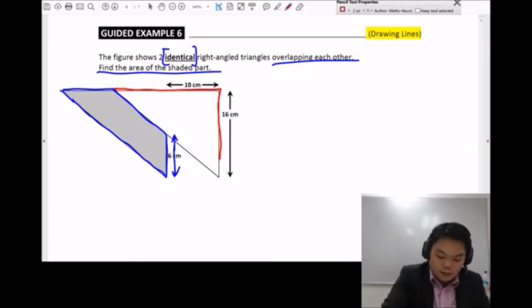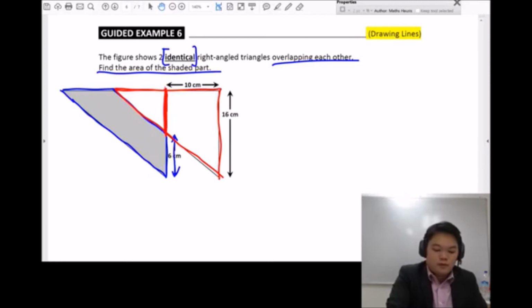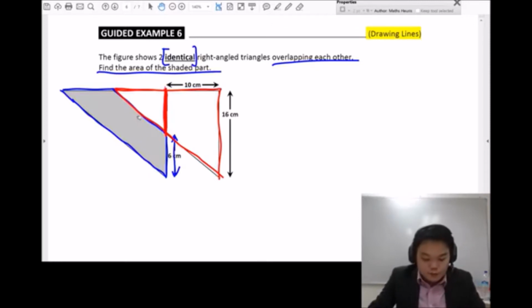So the way to approach this is to see that because both of them are identical, this triangle underneath it will be somewhere here. The edge of the triangle will be somewhere here.